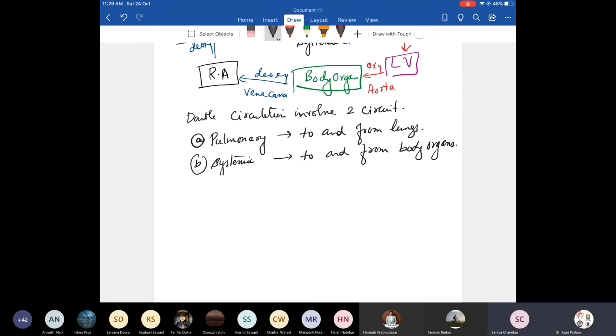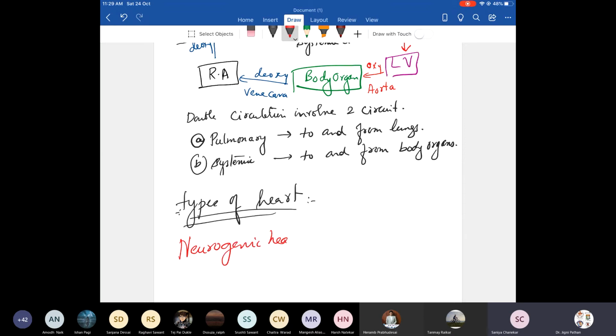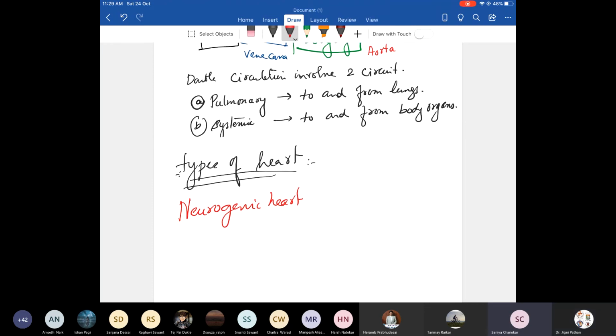Types of heart. One is neurogenic heart and the other is myogenic heart.